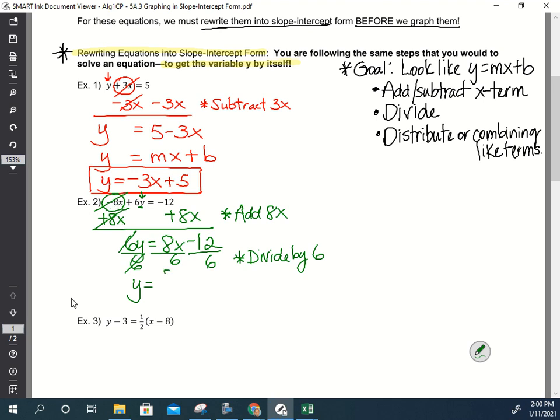So we have y equals 8 over 6x minus 12 over 6. Can I reduce any of that? So I can reduce the 12 over 6. 12 over 6 reduces to what?